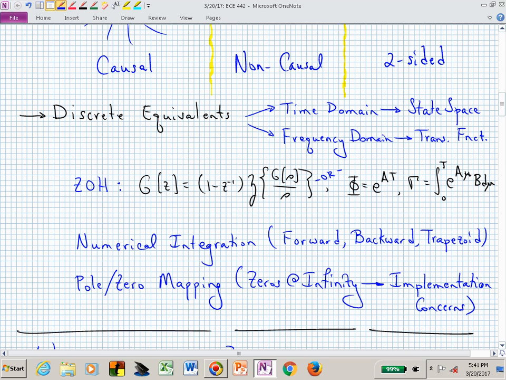And we've talked about pole zero mapping, and we worried about zeros at infinity, determined by if we needed to ensure that one delay was actually present in the implementation. Then we might not map all of our zeros at infinity to factors of z plus 1 in the numerator of our pole zero mapping relationship.